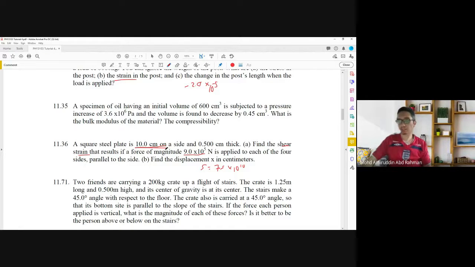Multiplying with 10, you obtain 2.4 times 10 to the minus 3 meter. So that's your displacement.